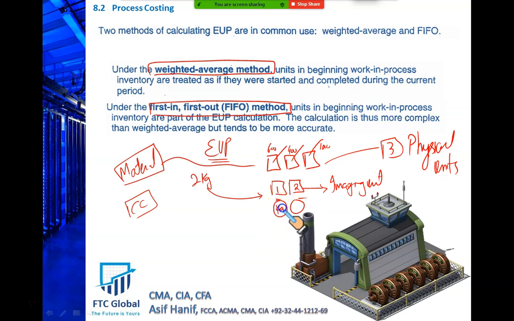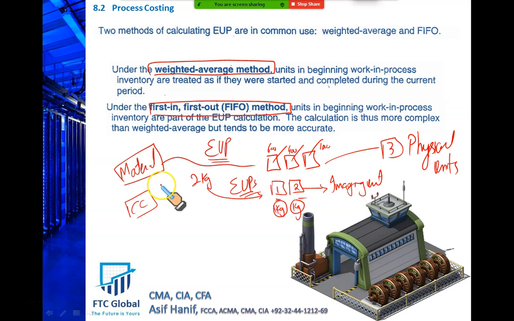Full 1 kg material was added here, full 1 kg material was added here. These hypothetical, imaginary, assumed units are called the EUPs. This is the first step you need to do. You have to distinguish between physical units and EUPs. We will use EUPs for calculation purposes. I will explain in detail how to calculate EUPs.